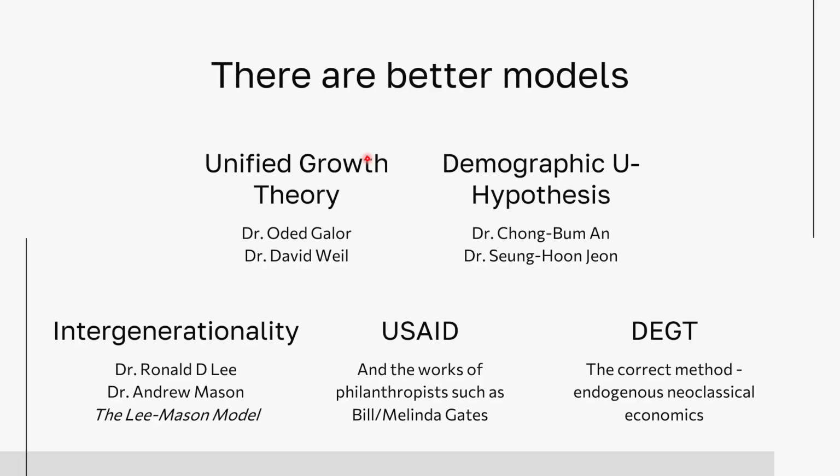Remember, the dividend hypothesis tells us virtually nothing about demographic transitions. So if you have a population going from a stage 1 pyramid to a stage 5 population pyramid, according to the dividend hypothesis, nothing is guaranteed, right? But according to UGT, that right there is a growth stimulus, and UGT gets it right. So please check out UGT, and we hope to do some content highlighting why UGT works so well in terms of the demographic effect on the economy.